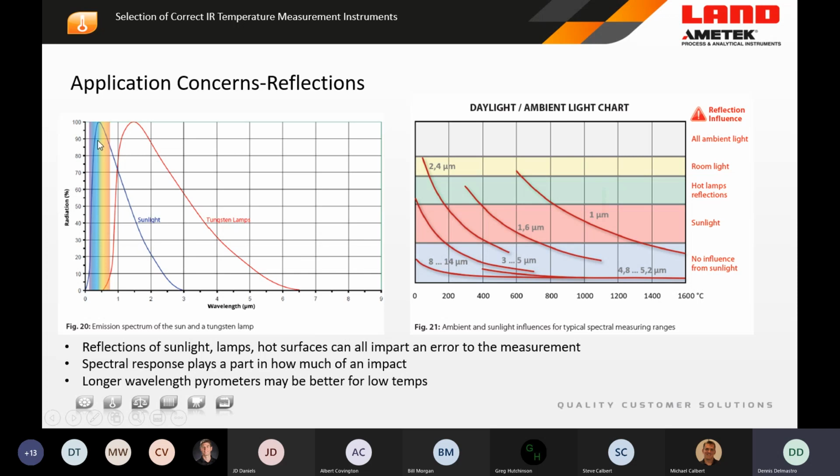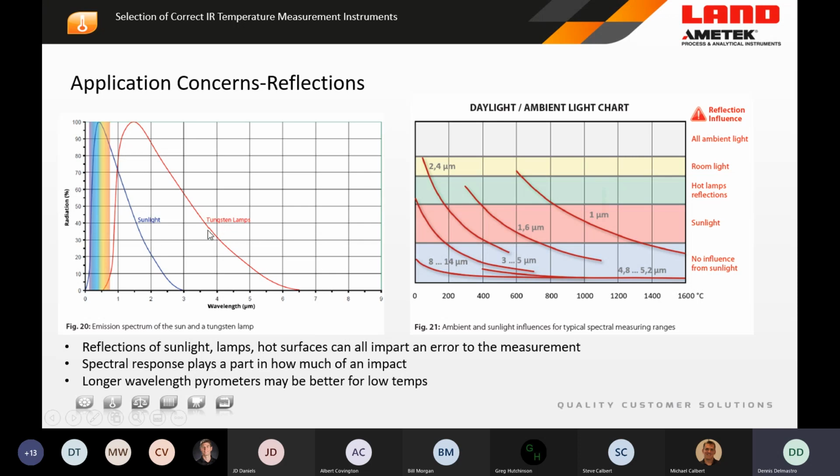Well, the same thing can occur with sunlight or different types of tungsten lamps. If I've got a pyrometer that's operating at 1 micron, the sun reflecting off of the surface can actually add to the amount of radiation detected by the pyrometer, thus giving an error.